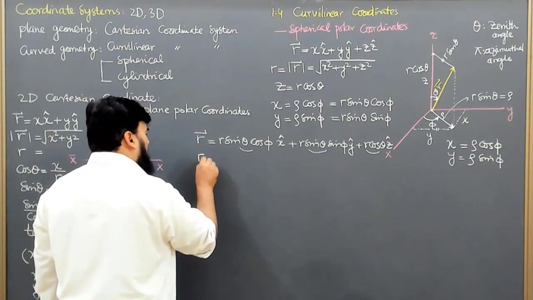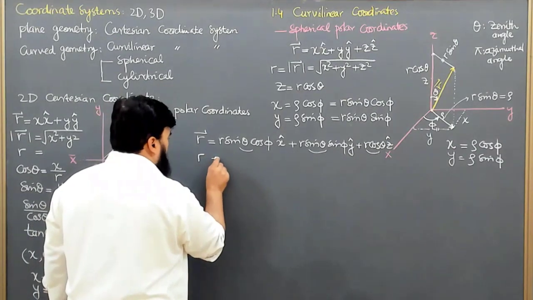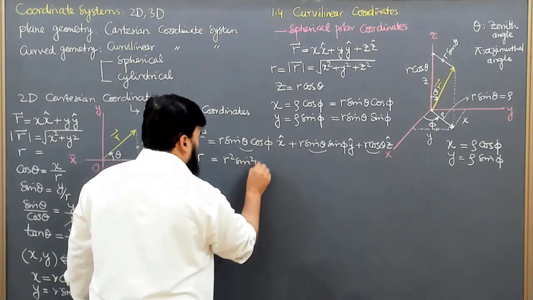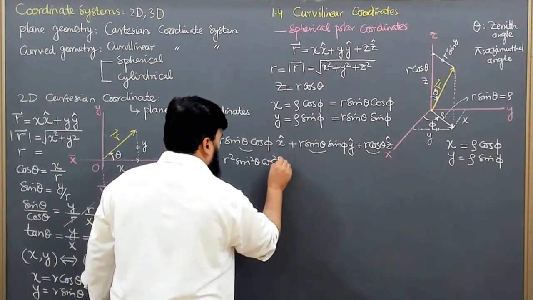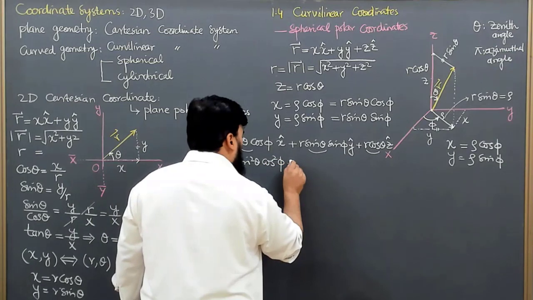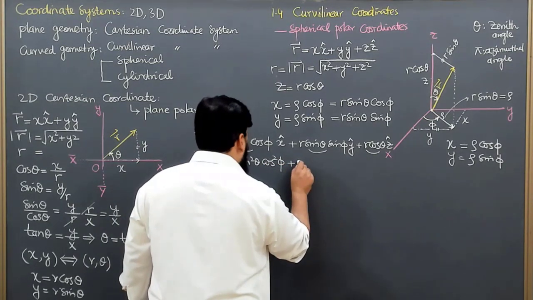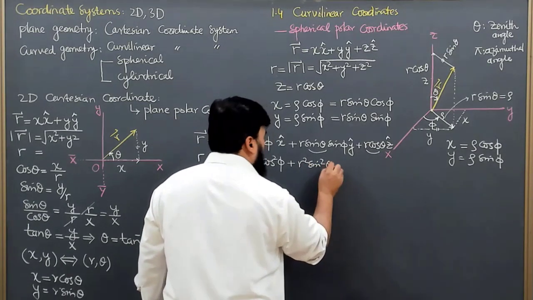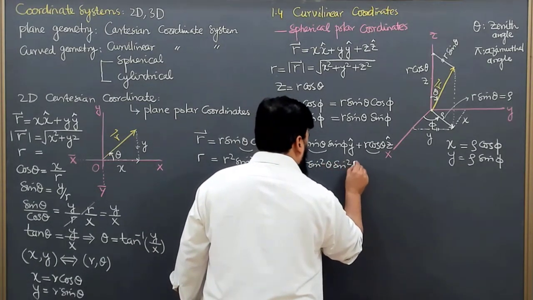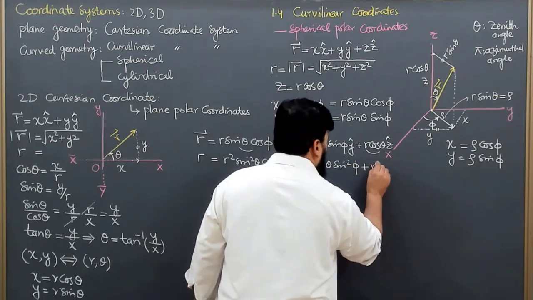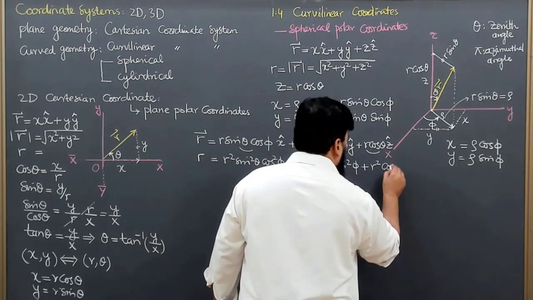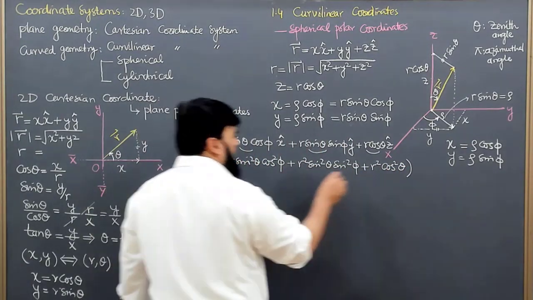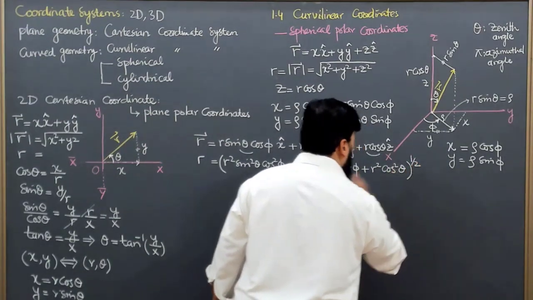This means that the magnitude of vector r equals the x component square, r square sine square theta cos square phi, plus the y component square, so this will be r square sine square theta sine square phi, and r square cos square theta, and this is having whole power 1 over 2.